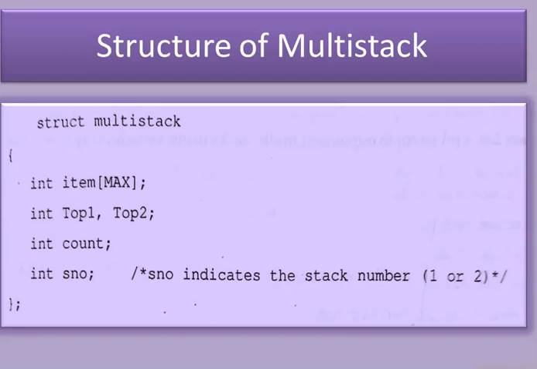If the size of the array, that is max, is 6, it means that that array can hold at the maximum of 6 elements, and these 6 elements will be having indices 0, 1, 2, 3, 4 and 5. So the first index is 0 and the last index is 5 when max is 6. So here last index is max -1, that is 6 minus 1, 5.